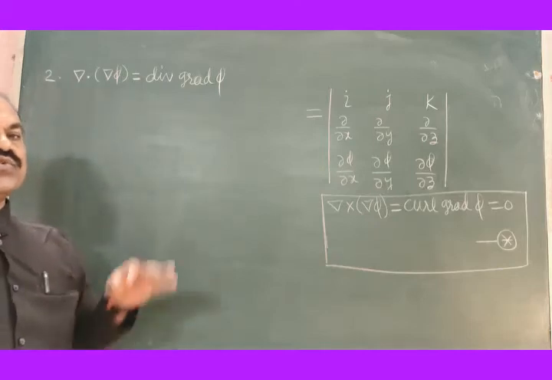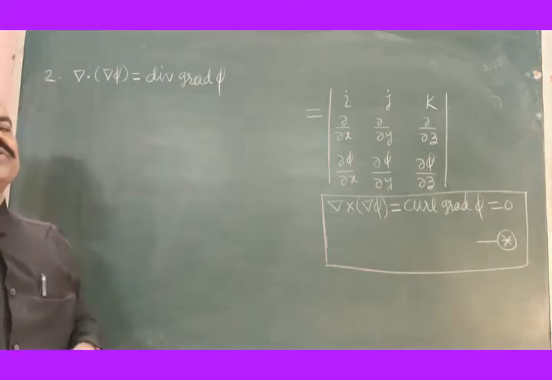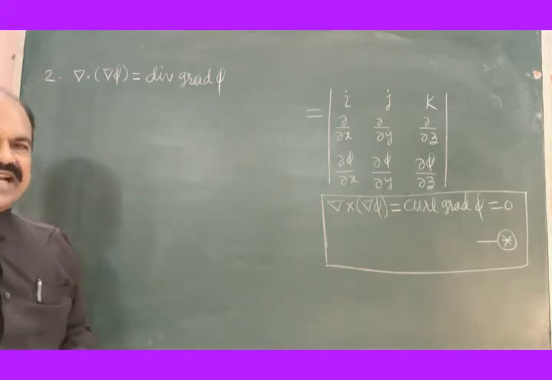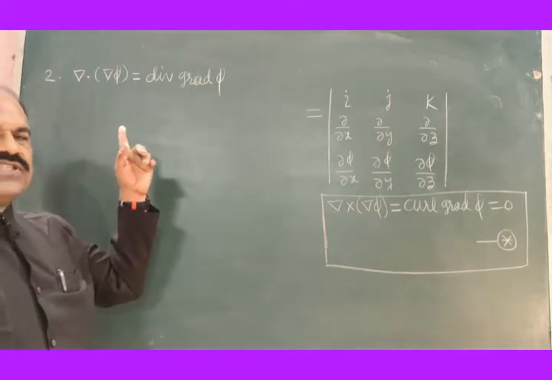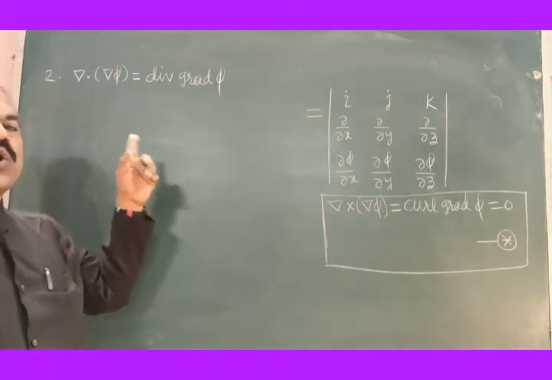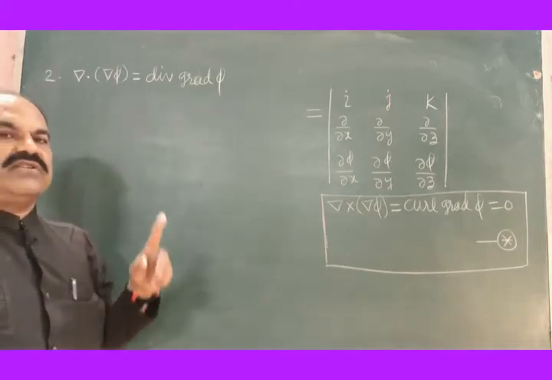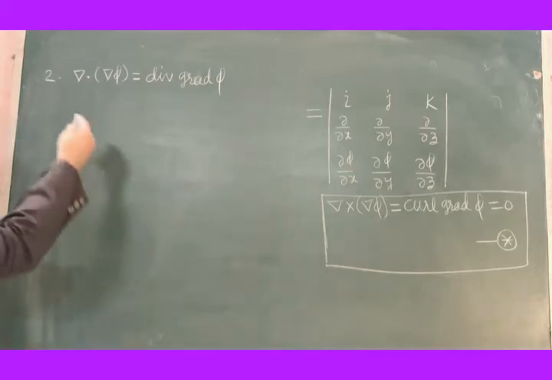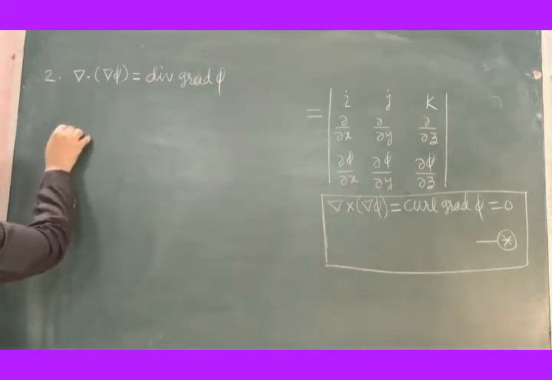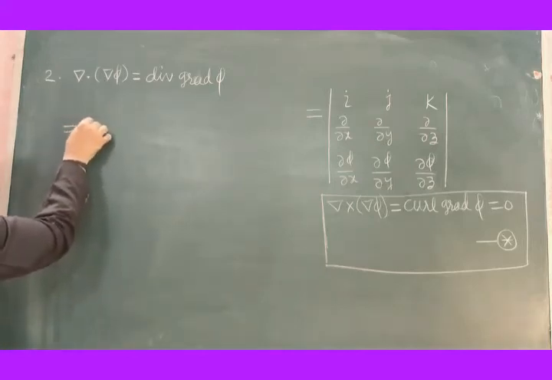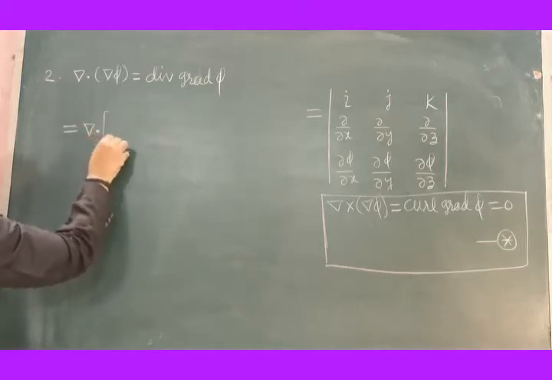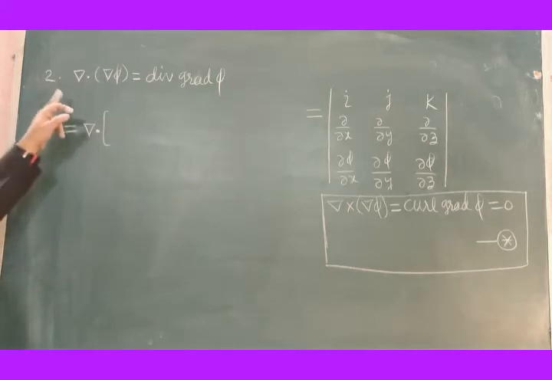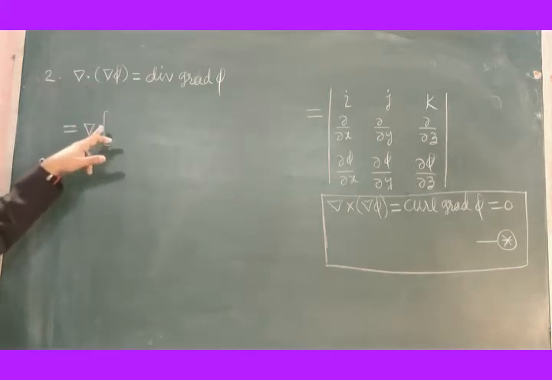Let us try to solve this vector identity and let us see what will be the result of this identity. What will be the outcome of this vector identity. So this is nothing but, let me first write del as it is followed by dot and make a square bracket.